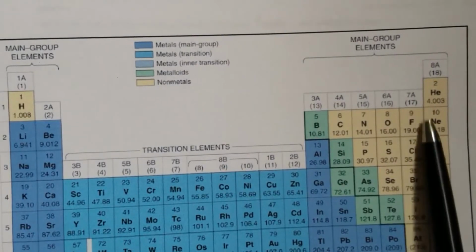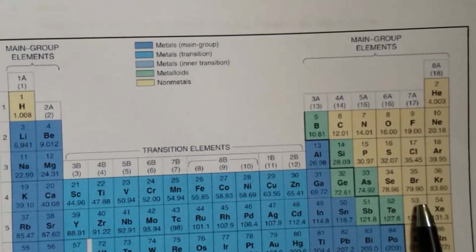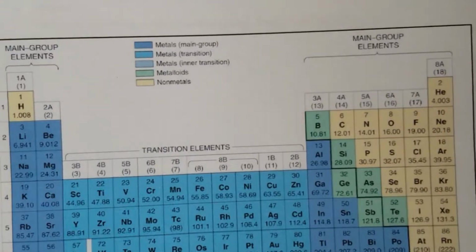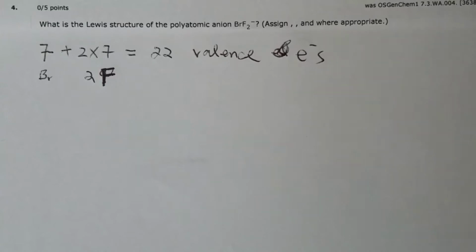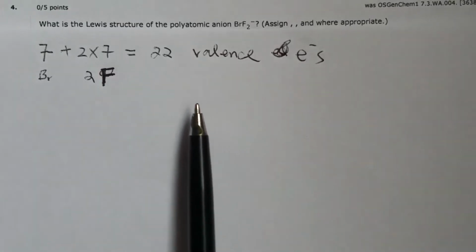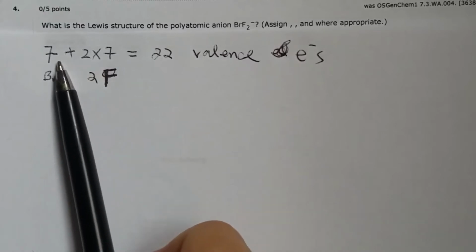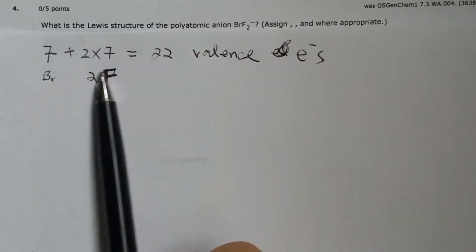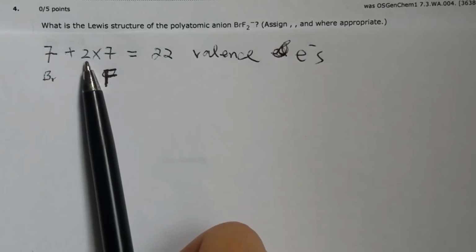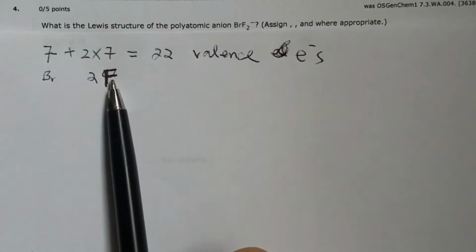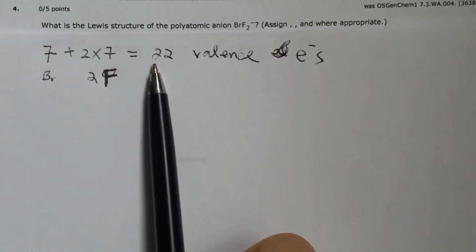Since both are in the 7A group, each should have 7 valence electrons. So the total number of valence electrons can be calculated using 7 for 1 bromine, plus 2 times 7 for the 2 fluorines.